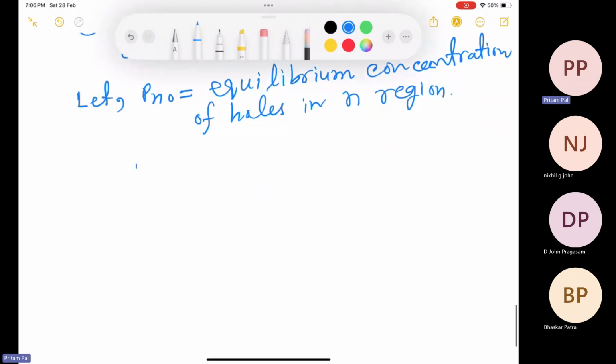Now we are applying a forward bias, which reduces the potential barrier height. The potential barrier is Pb.